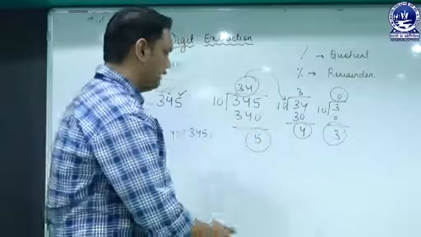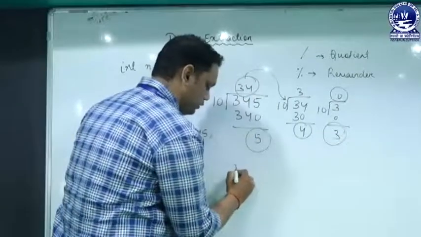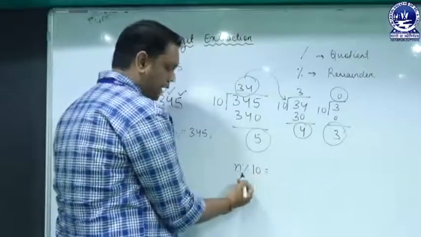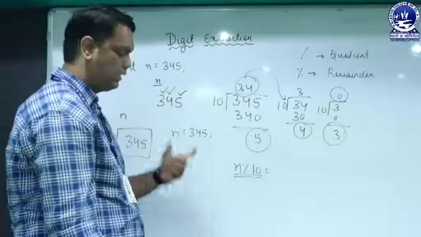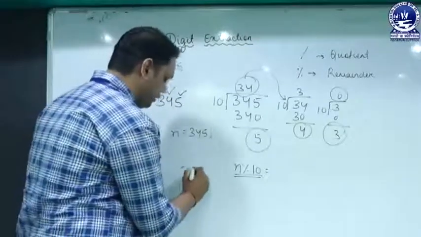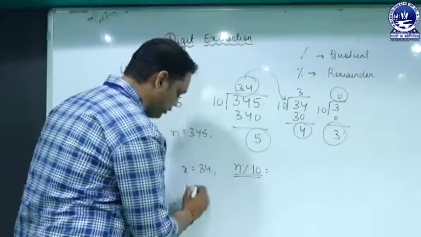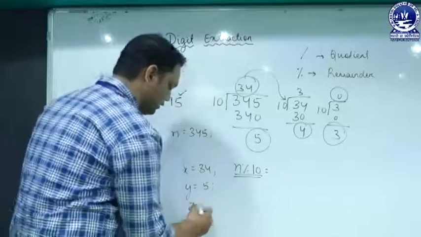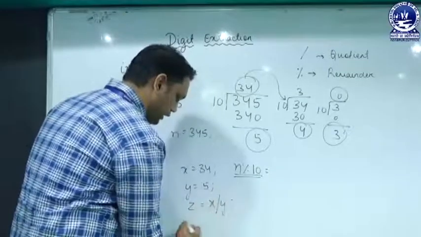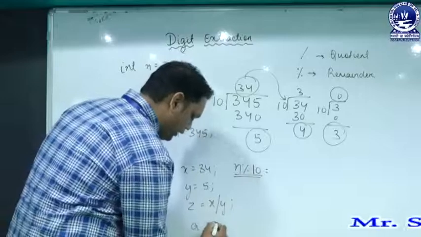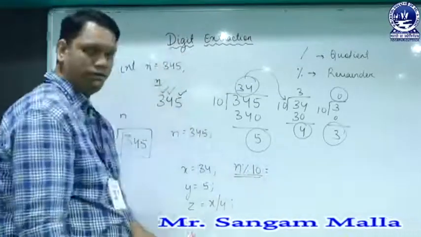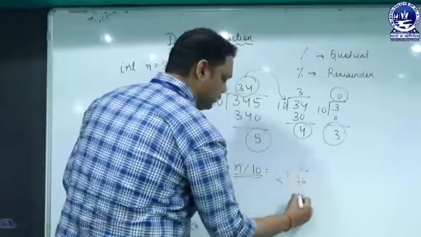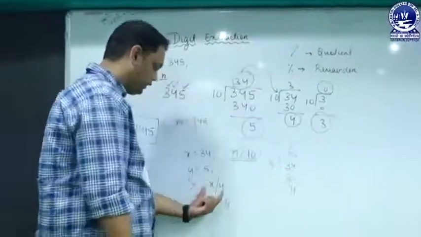So if I write n modulo 10, that means n will be divided by 10 and the remainder will be returned. Let's take another example. Suppose x equal to 34, y equal to 5, and I write z equal to x divided by y, and a equal to x modulo y. Then the answers will be different. Why? Because it will divide 34 by 5, 5 sixes are 30.